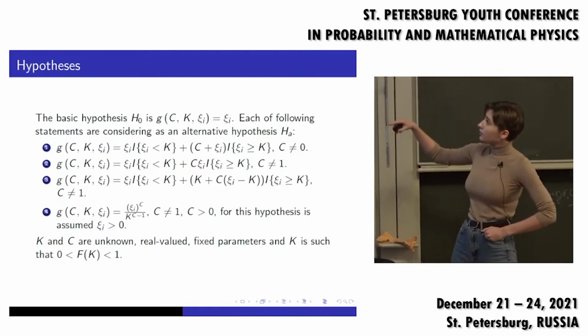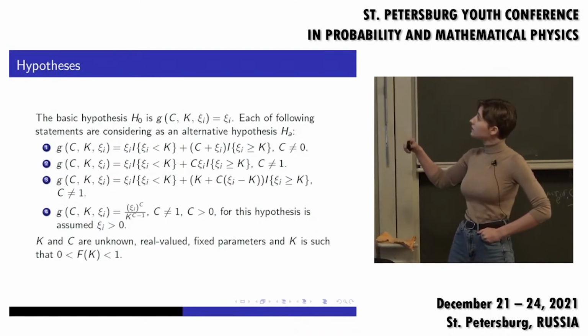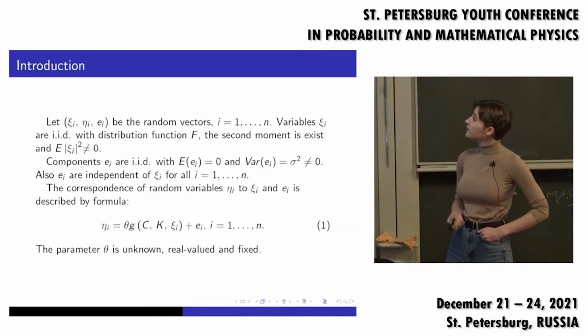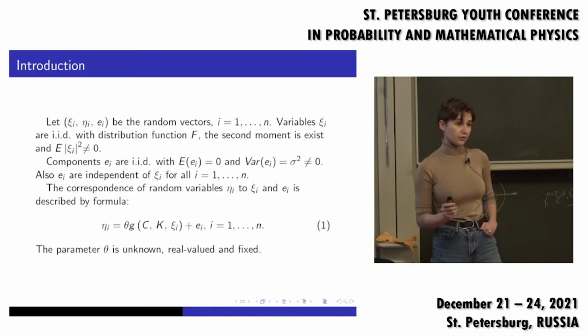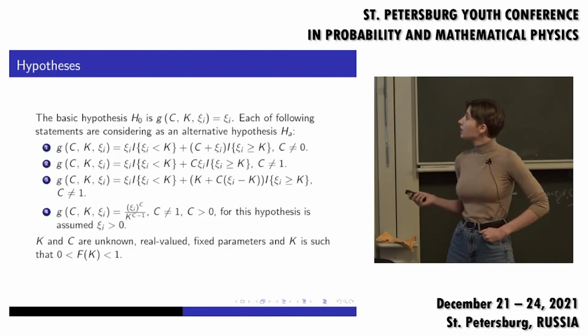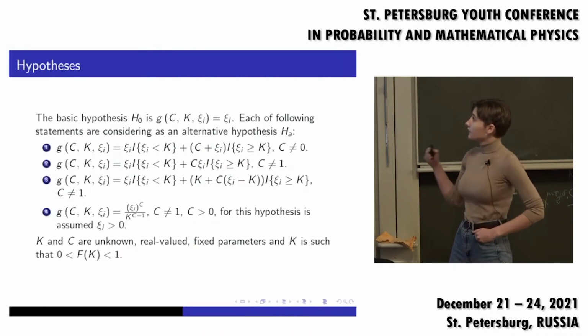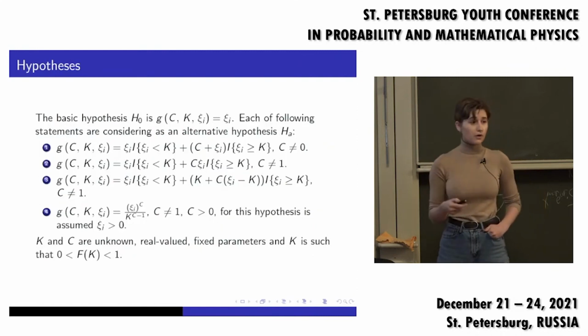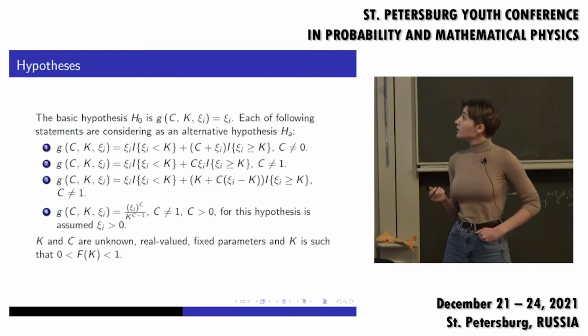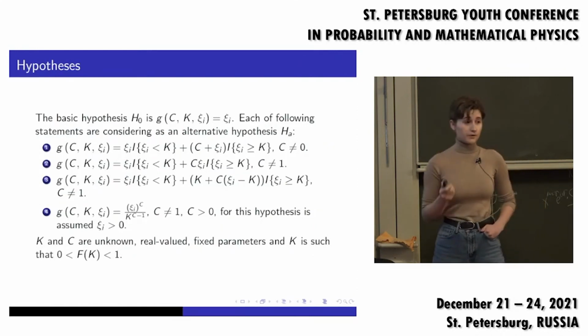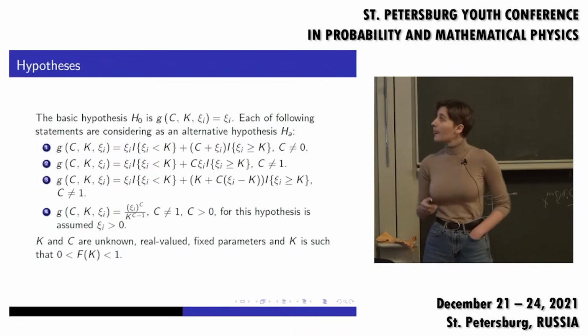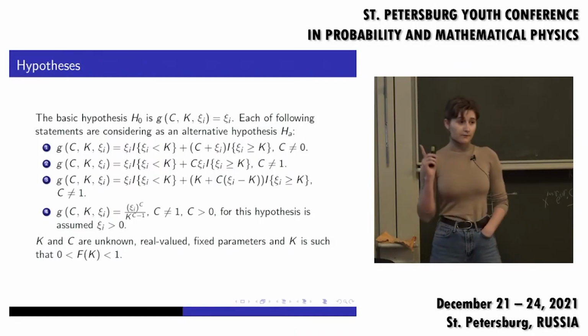The basic hypothesis H0 is j equal to xi_i, which means we have a simple linear regression model with one parameter. And each of the following statements from 1 to 4 I consider as an alternative hypothesis HA. This is their formal view.